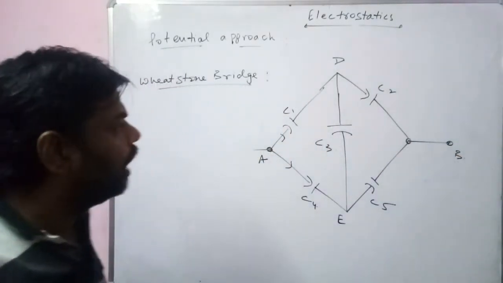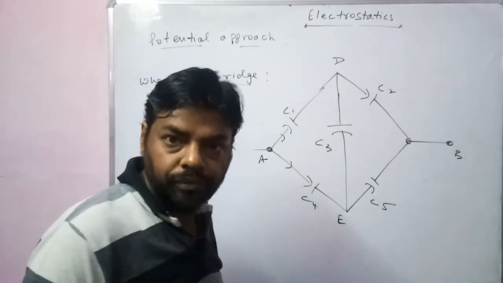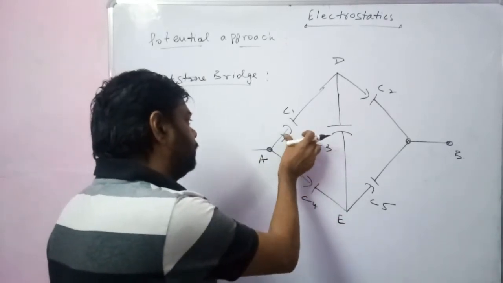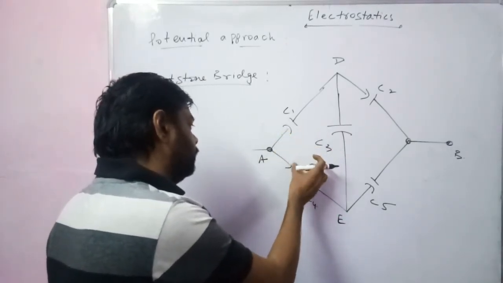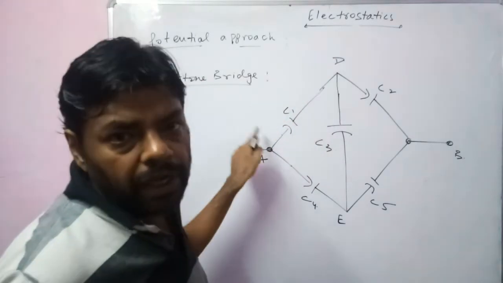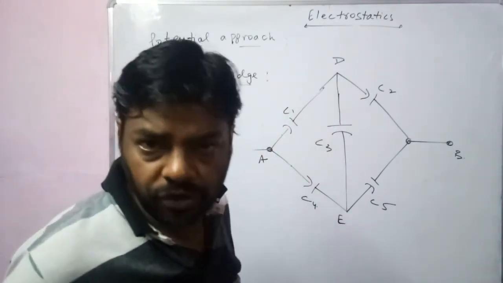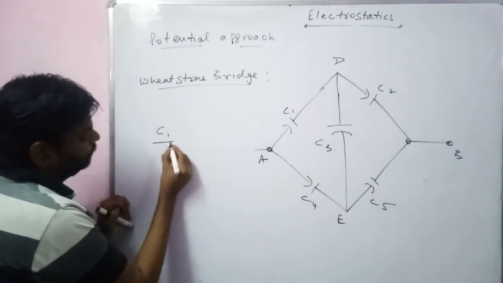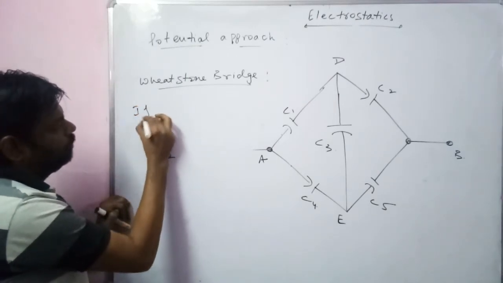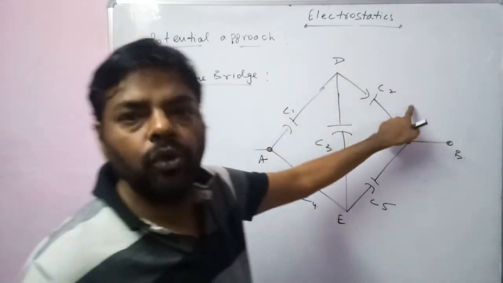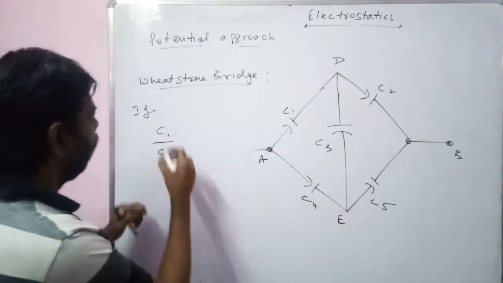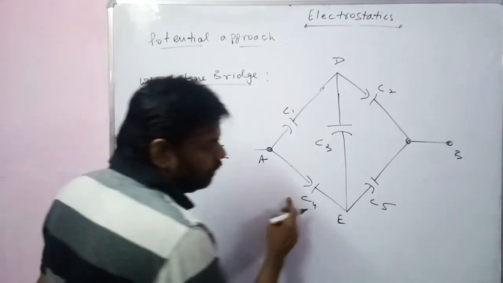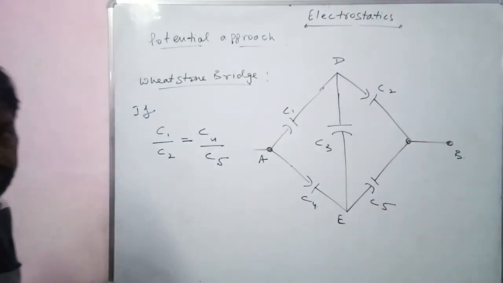Now, how are we going to solve this circuit? Now, this arm AD and AE, they are called the ratio arms. Clear? Now, in the circuit, you have to take the ratio. If C1 by C2 is equal to C4 by C5, clear?